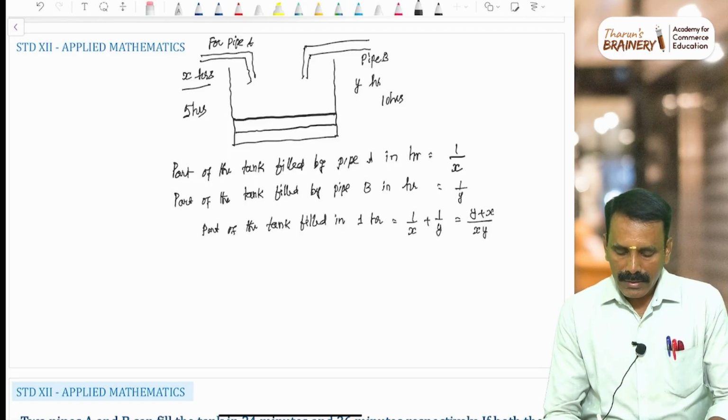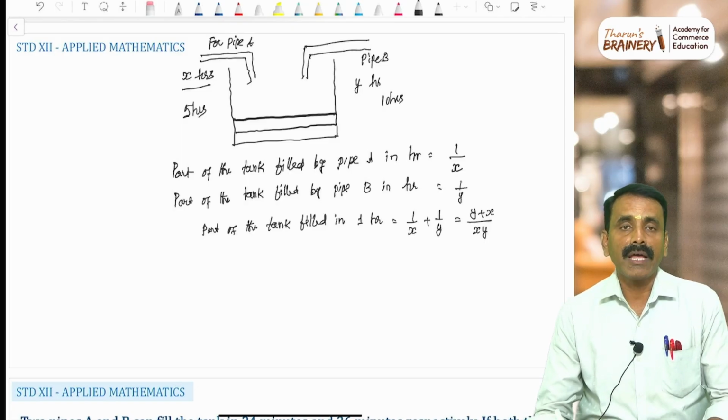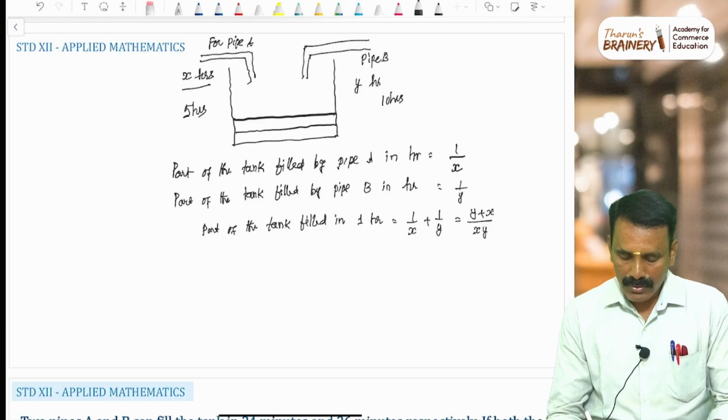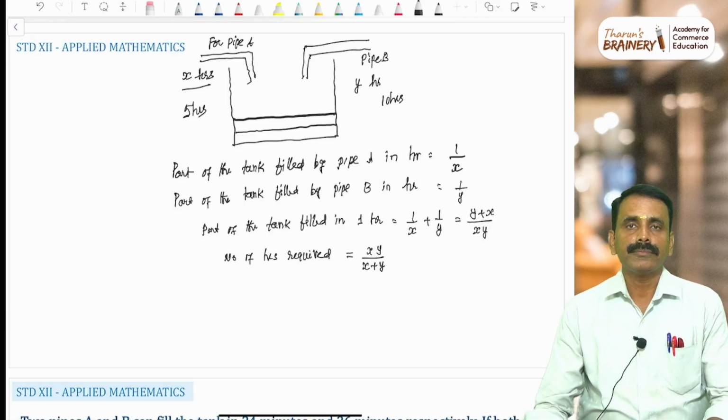So in 1 hour, (Y plus X) by XY part of the tank will be filled. So the number of hours required will be equal to XY divided by (X plus Y).